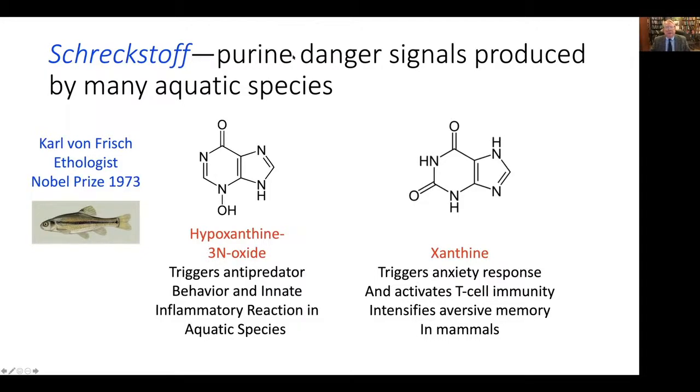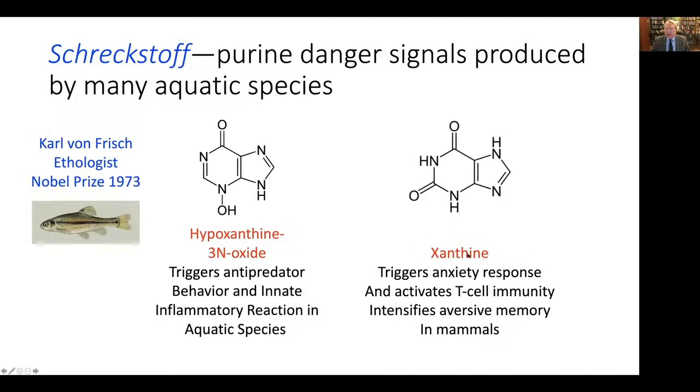And these turn out to be purine danger signals produced by a lot of different aquatic species, not just fish. But this is one example of hypoxanthine 3-oxide that triggers an anti-predator behavior of innate inflammation in a variety of different fish and other animals.